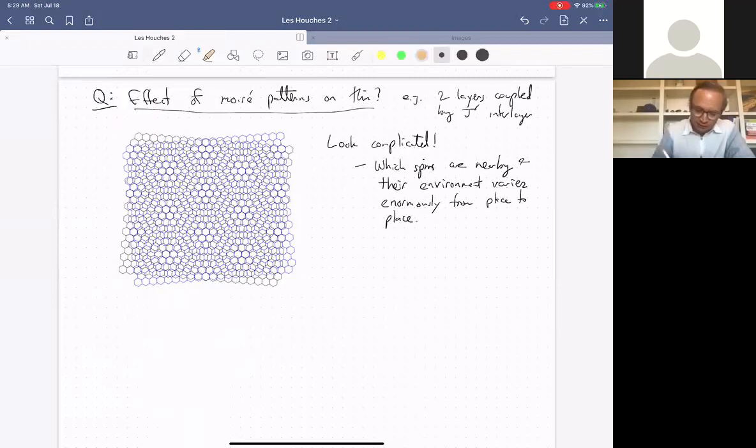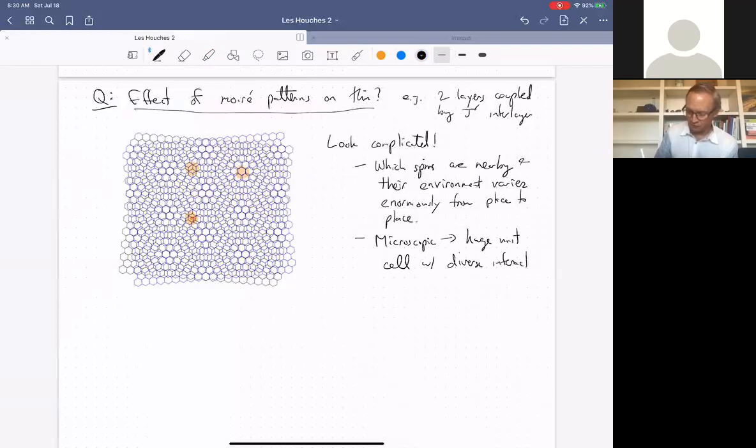For example, over here, it's pretty clear that we can identify one spin right on top of one another. In some region like this, it becomes quite a bit more complicated. Some spins are nearby others, some are not. There's some situations here where the spin at the center of this region is kind of equidistant from others. How do we think about the interactions there? An attempt to study this microscopically would involve a huge unit cell with very diverse interactions.